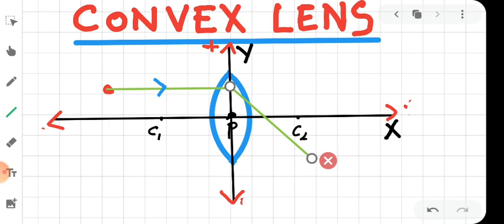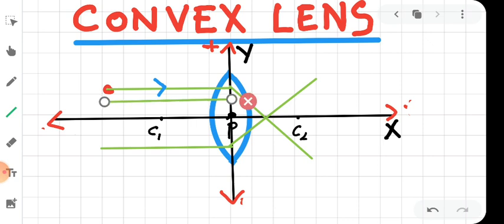Any ray traveling parallel to the principal axis will go to the other side and will meet at a common point.